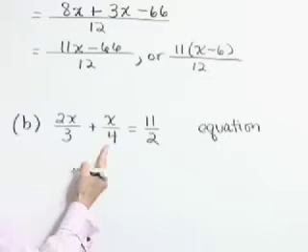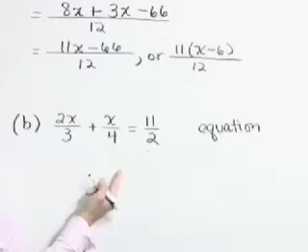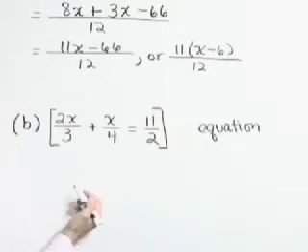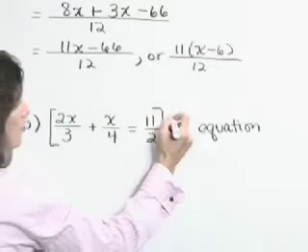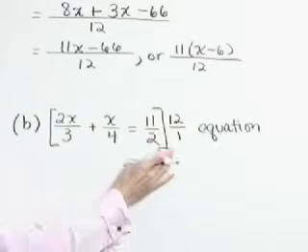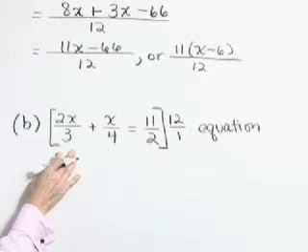Let's start by getting rid of fractions here, so we can actually multiply both sides of this equation through by a lowest common denominator of 12 and get rid of those fractions. 12 times 2x over 3.